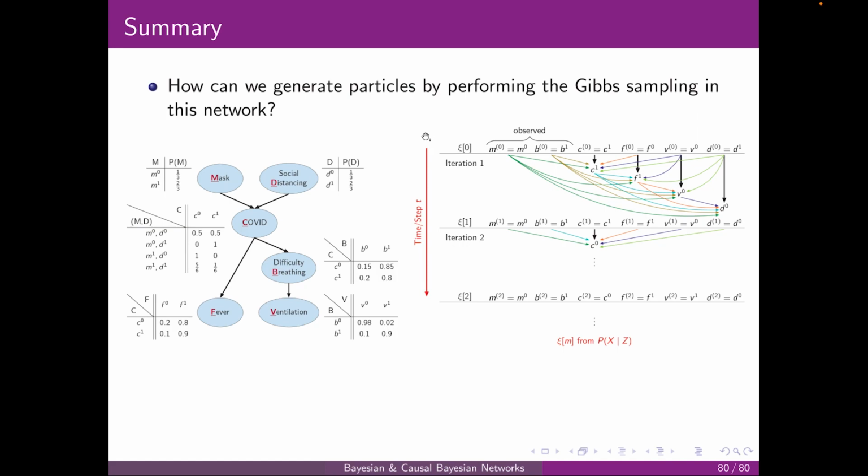Okay, now note this is the time step of how it flows. So we really need to first do the first iteration, then do the second iteration, and so on. And inside the first iteration, we first need to do C1, then F1, then F, then V, then D. They cannot be done in parallel.